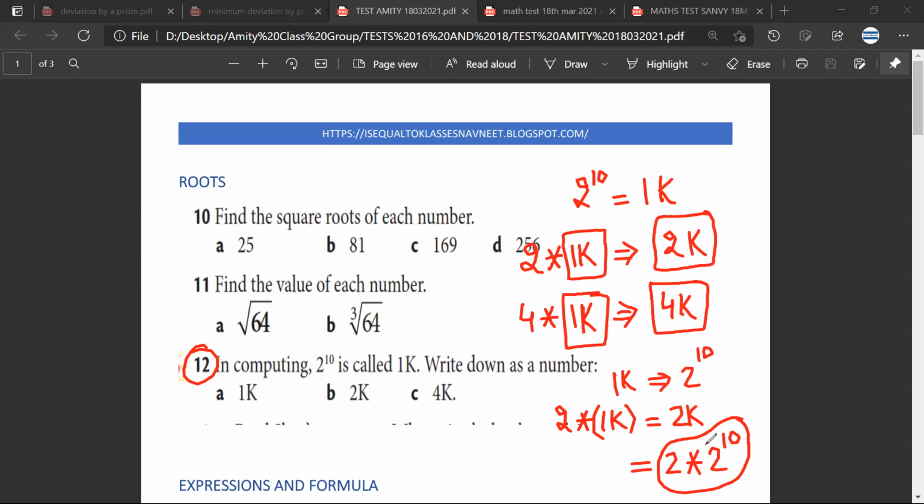So now what you need to tell me is what is 2 into 2 raised to power 10. Have you understood my question? 4 raised to power 10.